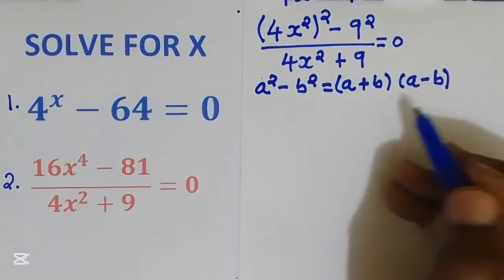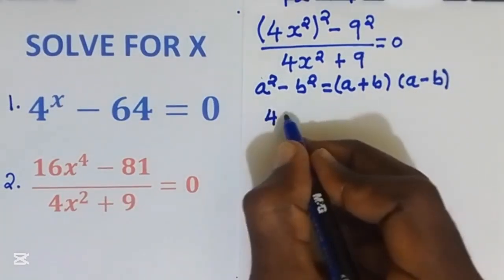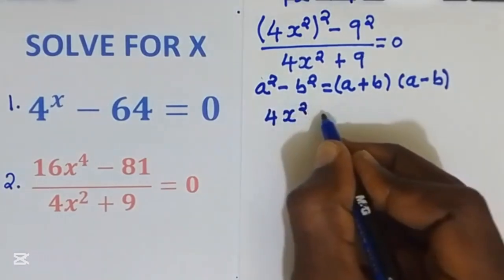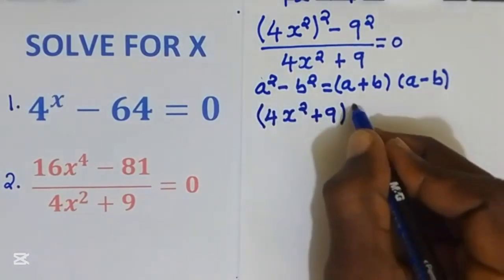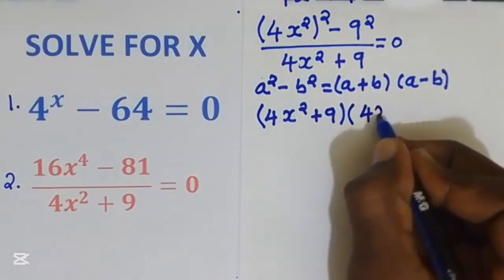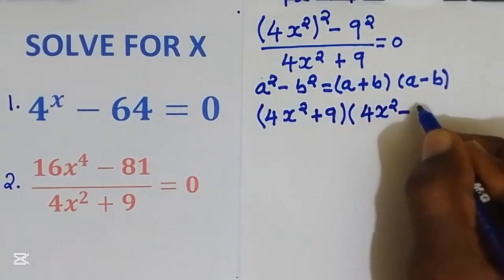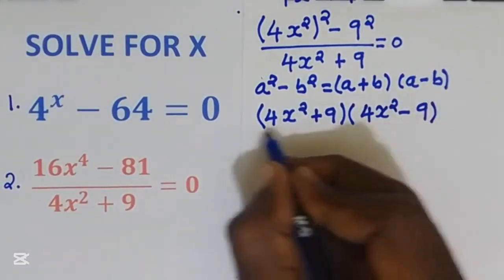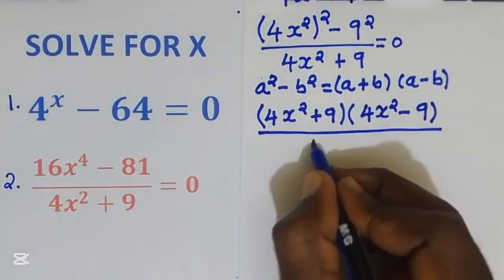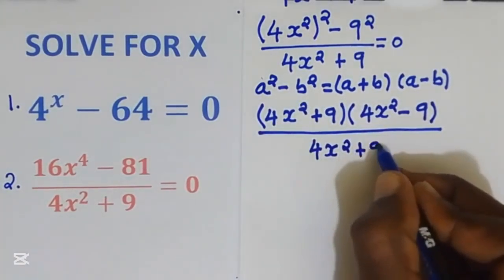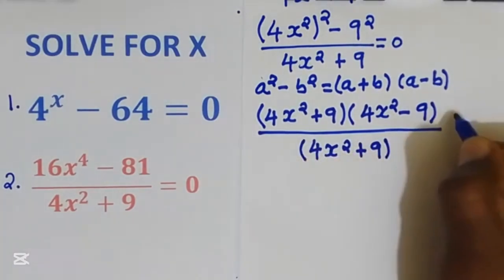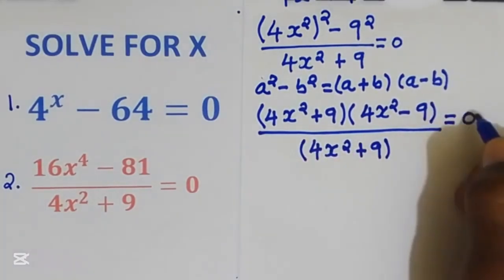That is going to be 4x squared plus 9, 4x squared minus 9, over 4x squared plus 9, equal to 0.